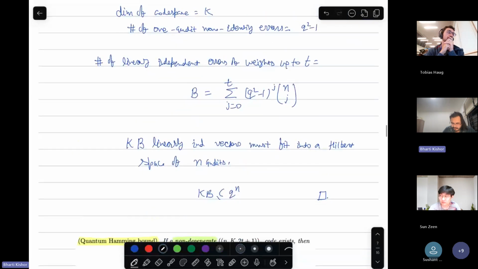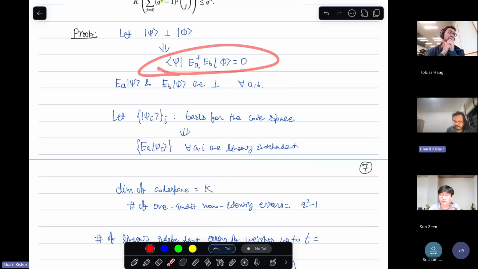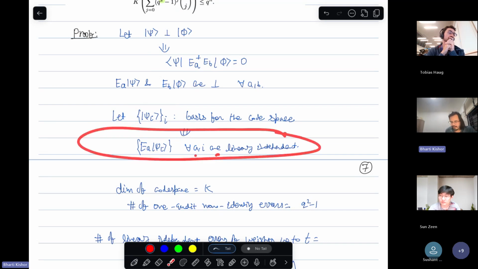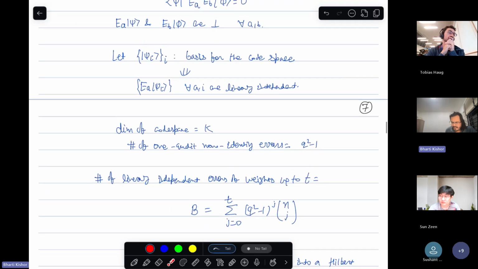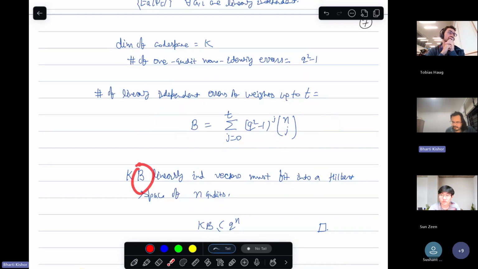Maybe you mean, like here we are counting, right? So we are saying that if they are orthogonal, then this has to be 0. So let's say I start with a bunch of psi_i which are basis states, then E psi_i for all E and i are linearly independent. Then you count the number of errors, and you count the number of basis elements, and you say that their product has to be upper bounded by the size of the space.